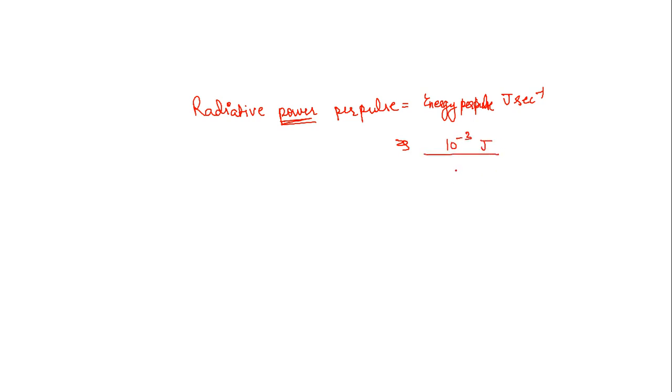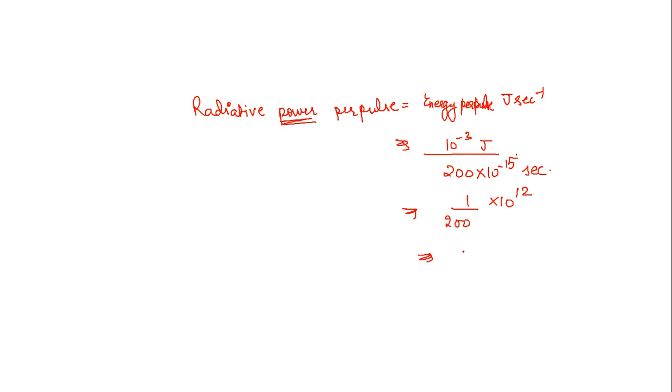And for how much time that pulse is there, that is 200 into 10 to the power minus 15 seconds, right? And therefore it comes to be 10 to the power 12 and into 1 upon 200.